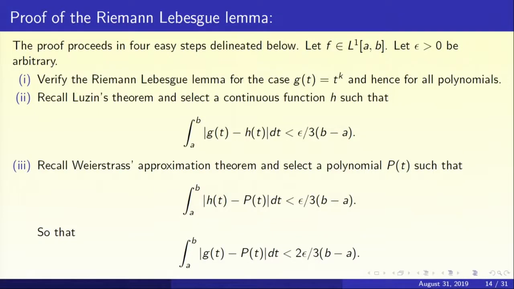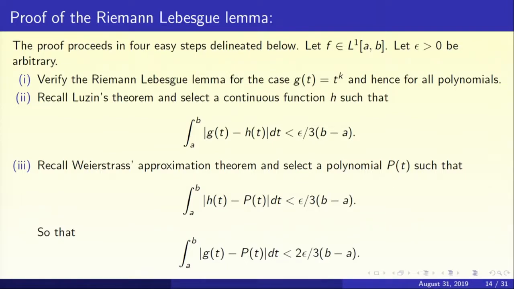So the proof of the Riemann Lebesgue lemma proceeds in 4 easy steps. First let us take a g in L1 of [a,b]. Okay, g is the given function which is in L1, and let epsilon greater than 0 be arbitrary.